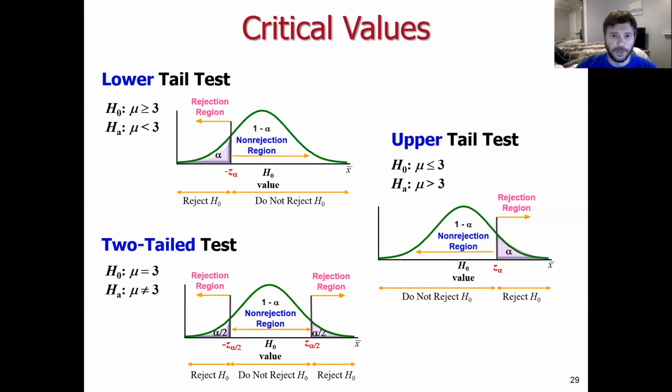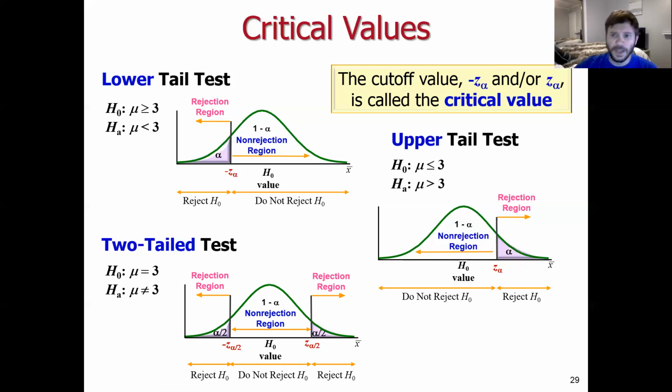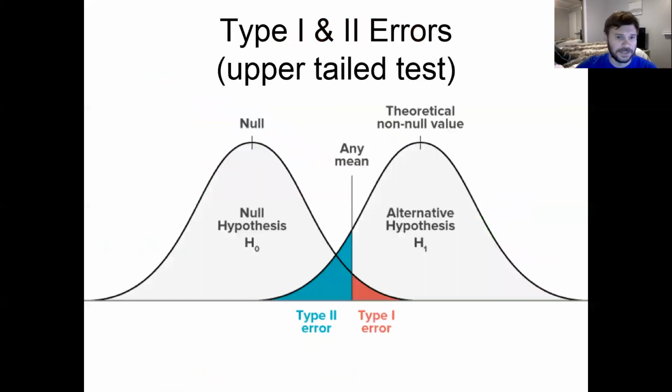Okay, I want to conclude here by just taking a look at type 1 and type 2 errors diagrammatically as they relate to an upper-tailed test specifically. And here is how we can think about this. If the null hypothesis is true, and let's suppose we observe a sample value right here.